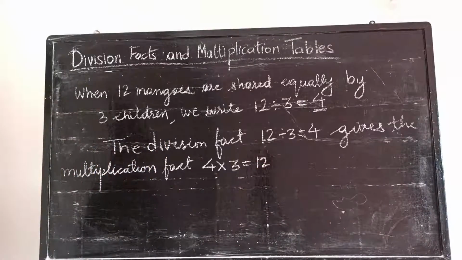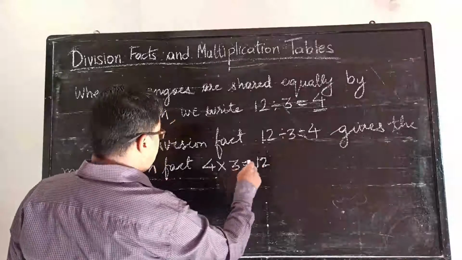It gives the multiplication fact that 4 3s are 12.